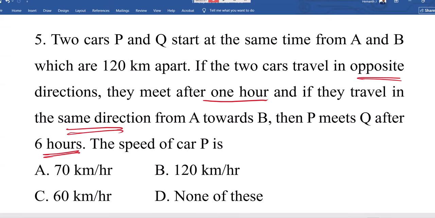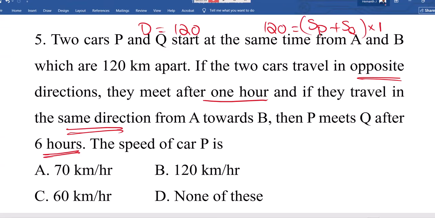So here the distance is 120 kilometers. Speed is P car plus Q car, timing is 1 hour. Distance is speed into time: 120 kilometers equals SP plus SQ into 1, because they will meet in 1 hour.